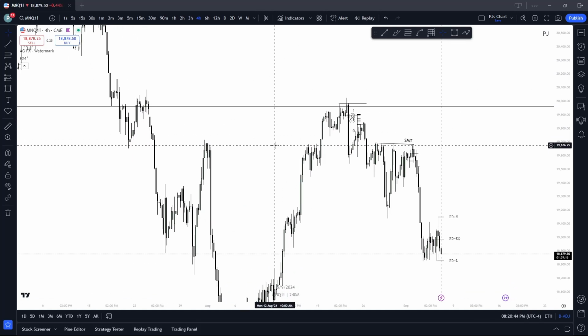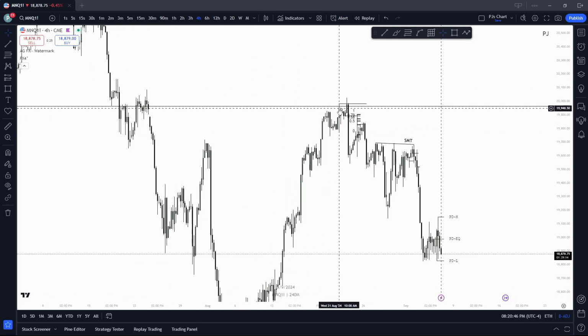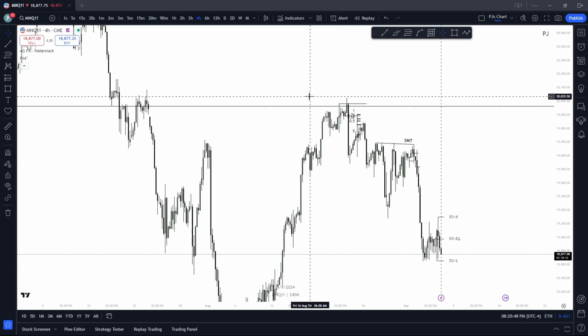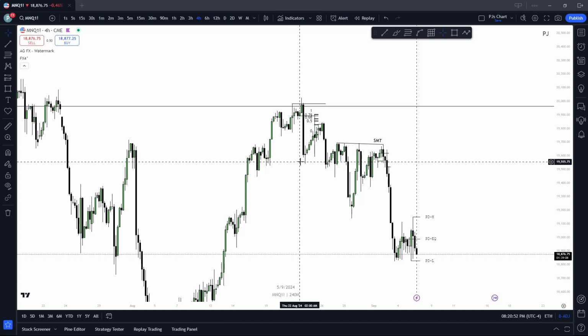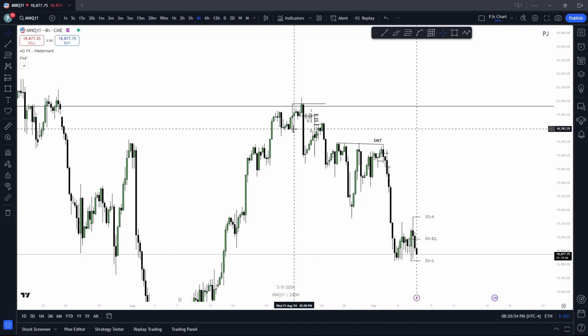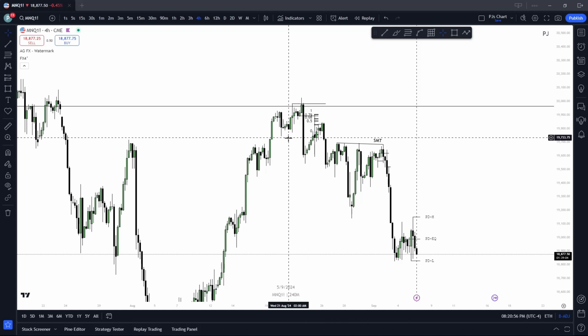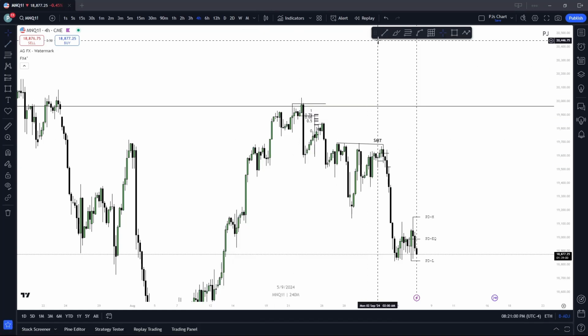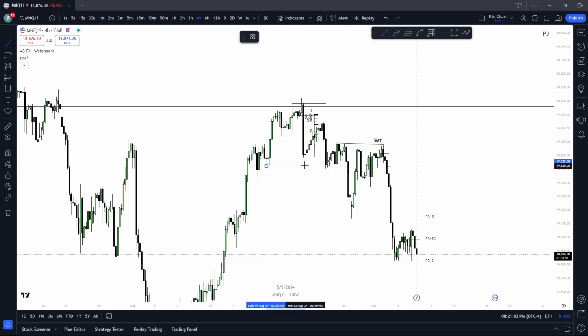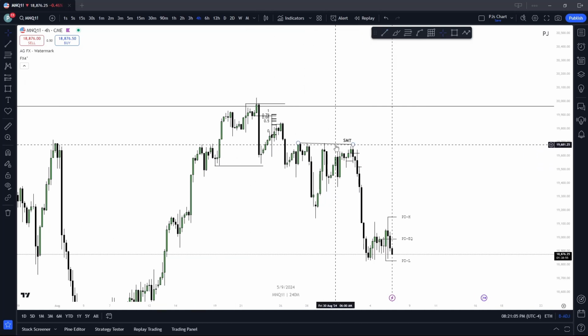I can also see after us accumulating, right, we 1-tap, 2-tap our weekly PDA like we were talking about, and then displace heavily with a big black candle on a low resistance liquidity run. We then engineer liquidity into the market with equal and low resistance lows.